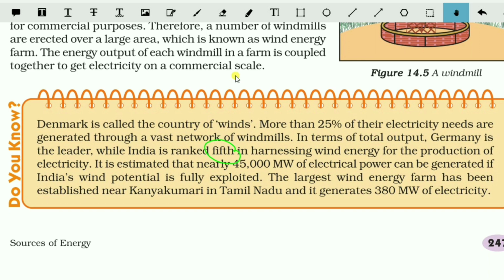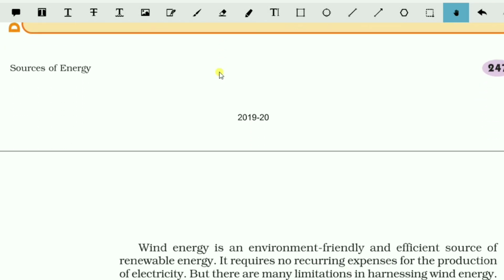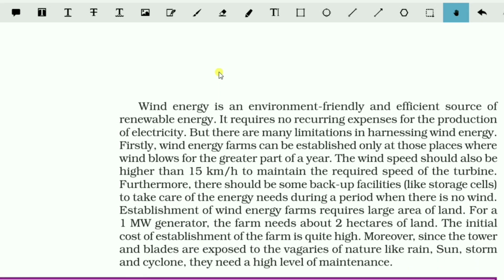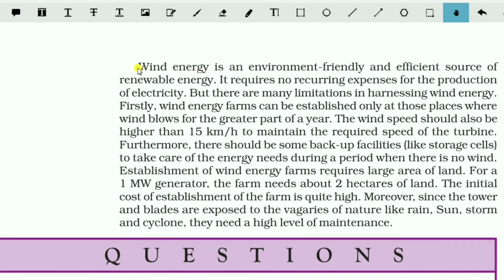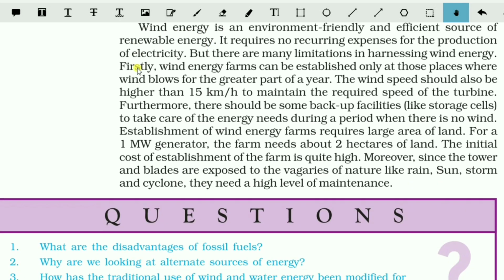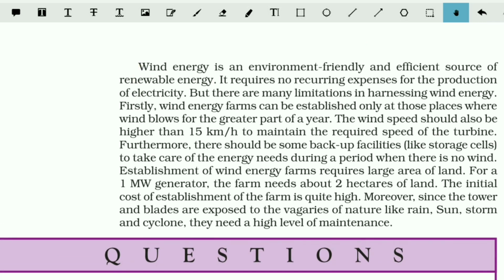Now this energy is a renewable source of energy, and it has some merits and demerits. So now let us have a glance at the merits and demerits of wind energy.